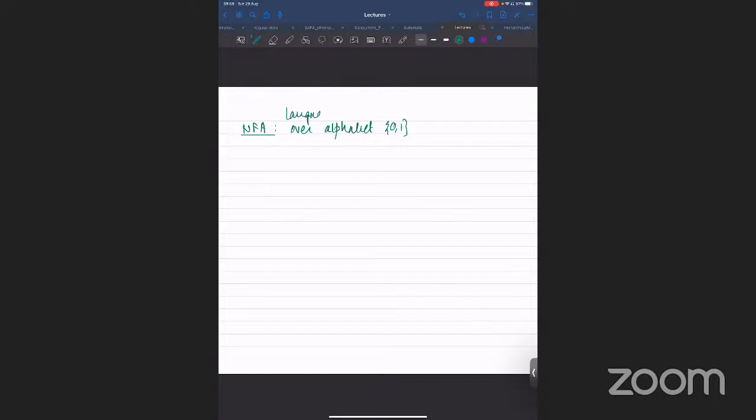So what is the language? The language L over this alphabet is such that the third letter from the end is 1. Is it clear?